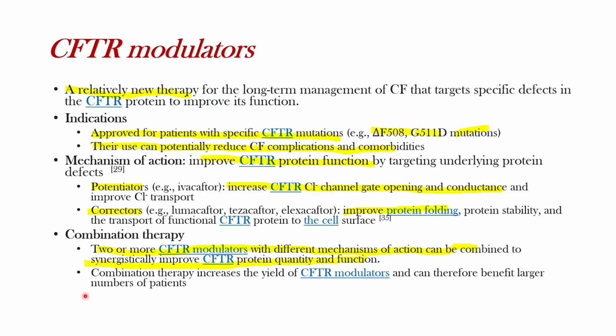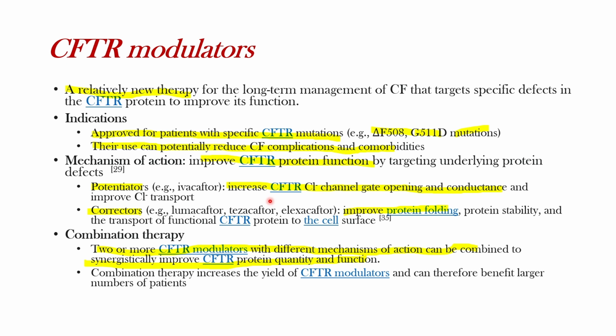CFTR modulators are a relatively new therapy for long-term management of cystic fibrosis. It is used with the CFTR mutations F508 and G551D, only for those. There are 2 types of them: potentiators and correctors.